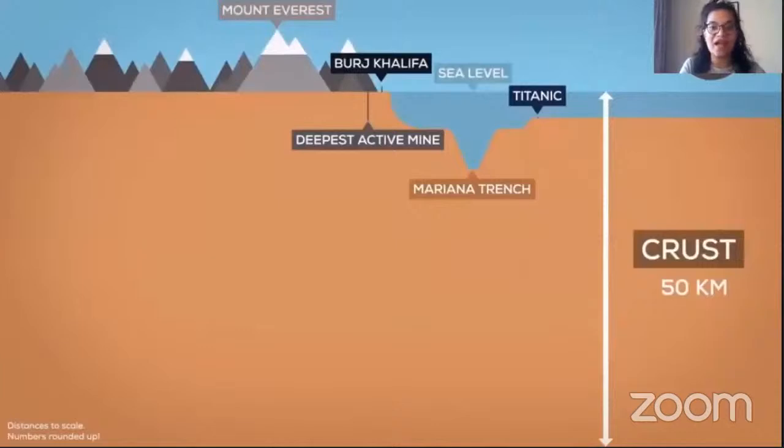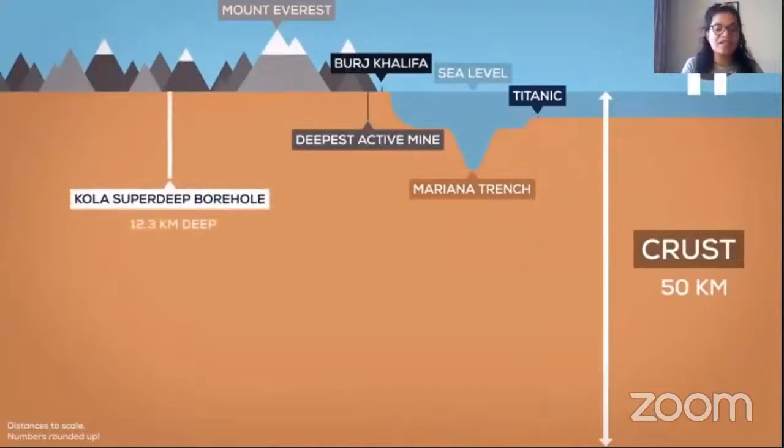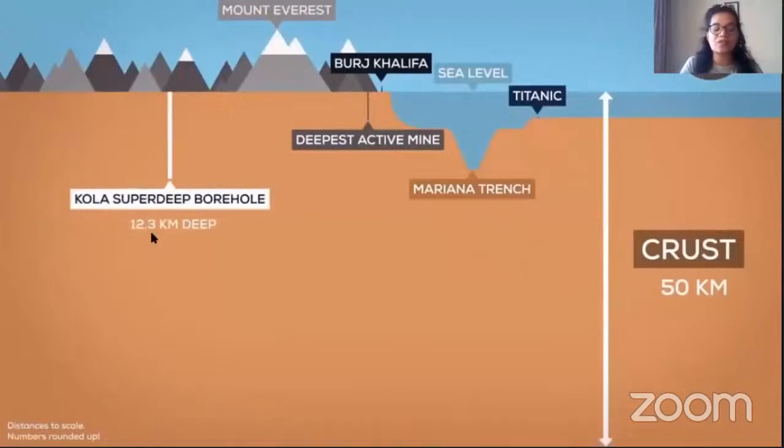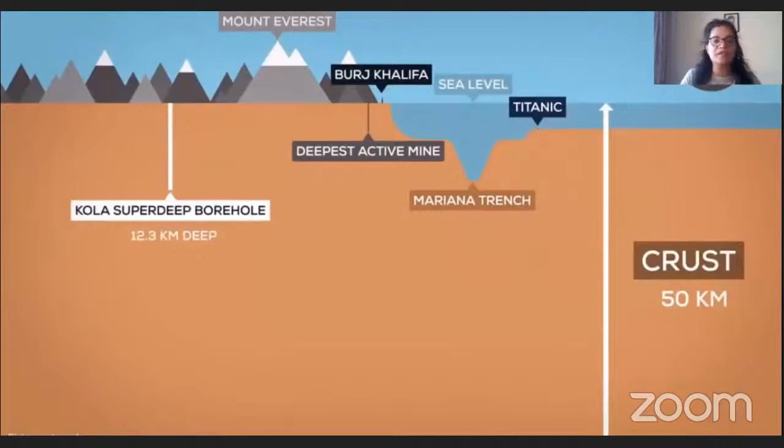And there's another interesting fact that I must tell you all: the deepest hole that has ever been dug by a man is 12.262 kilometers deep. Can you see this? The Kola Superdeep Borehole is 12.3 kilometers, or to be very precise, 12.262 kilometers deep.